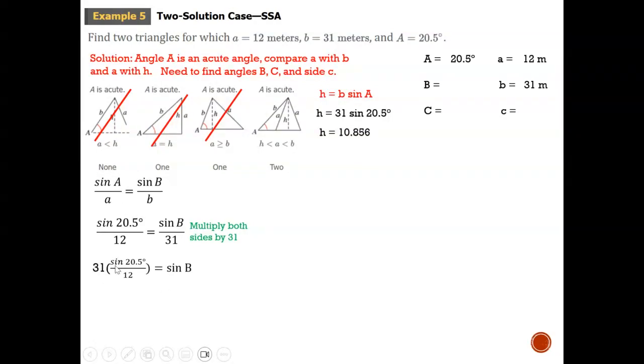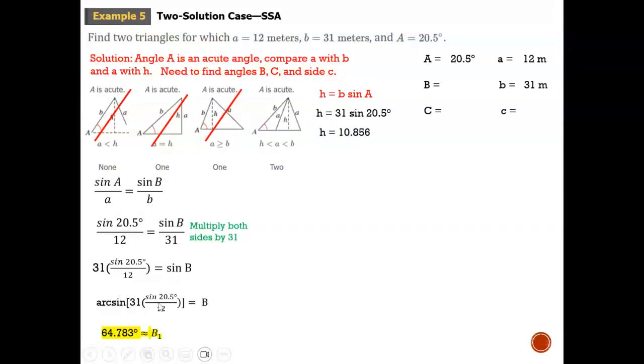So on the left side, we have 31 times sine of 20.5 degrees divided by 12. Now, to solve for angle B, we're going to take the arc sine of both sides, right? So the arc sine cancels the sine on the right side. On the left side, we have the arc sine of 31 times the sine of 20.5 degrees over 12. So you put that into the calculator, guys, it's going to give us 64.783.